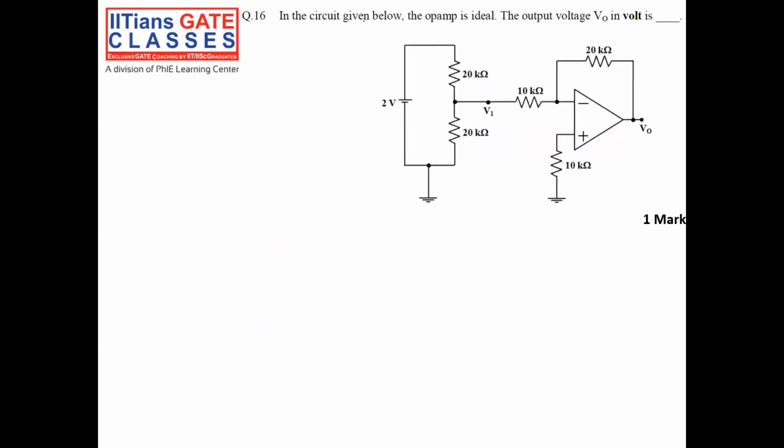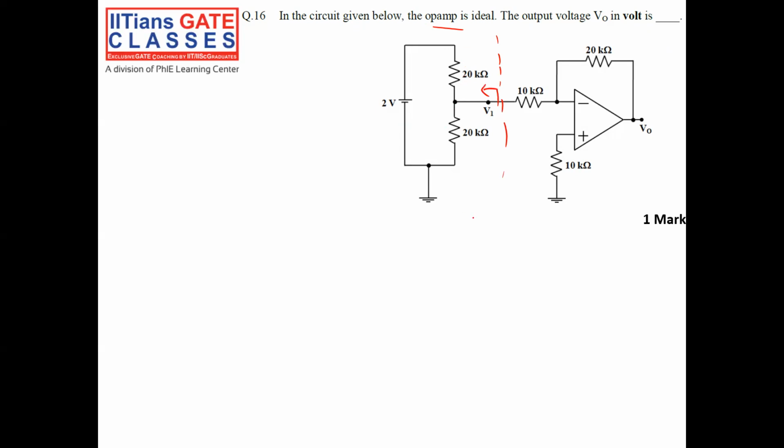In the circuit below, the op-amp is ideal. Find the output voltage V0 in volt. Very easy question this is. First let's build the Thevenin equivalent looking into the left side.